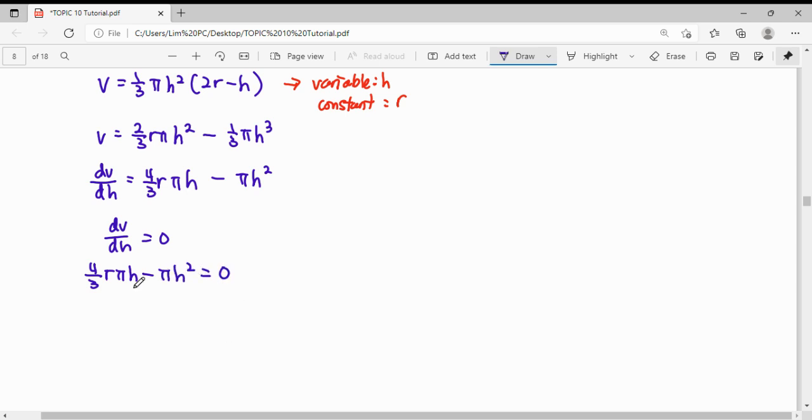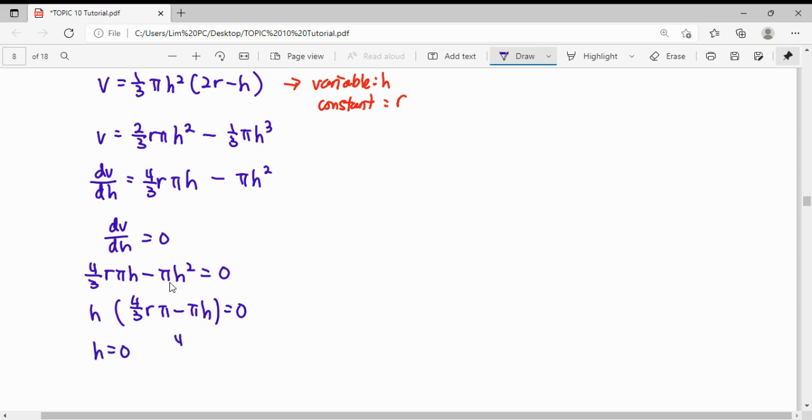We will find out our critical value. We will find out our h value here. As we can see, our h can be factorized out, and we can obtain h is 0.